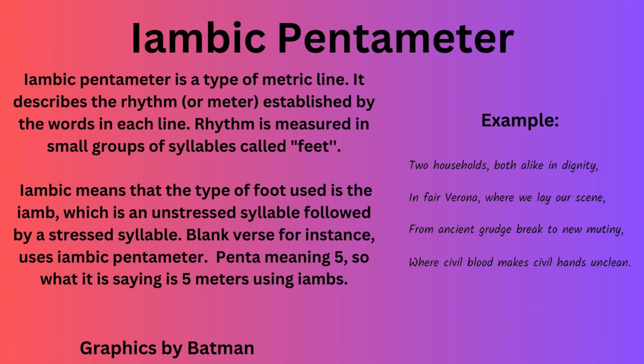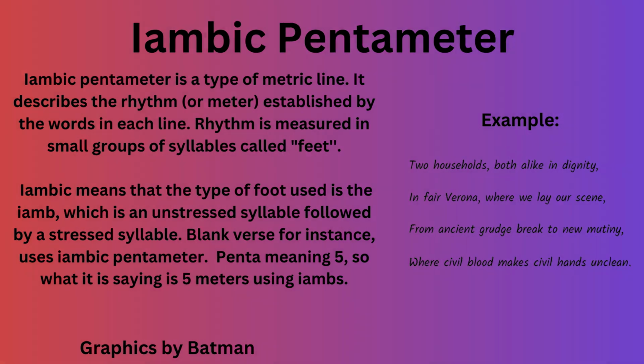Penta in this case means 5. And so it's 5 of those meters in that line, each of them being iambic. That means an unstressed syllable followed by a stressed syllable. In this example here, you can see 5 feet in each line, each starting with an unstressed followed by a stressed syllable.